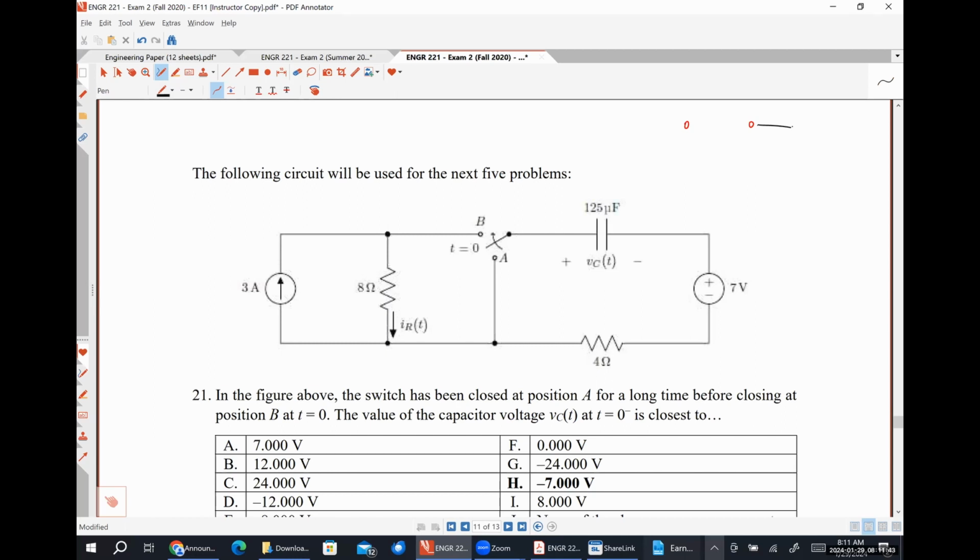Because I'm finding an equivalent resistance, I need to be looking at a dead network, so that voltage source gets turned off. Here is a 4 ohm resistor. Here's terminal A that's open circuited. Here's my 8 ohm resistor.